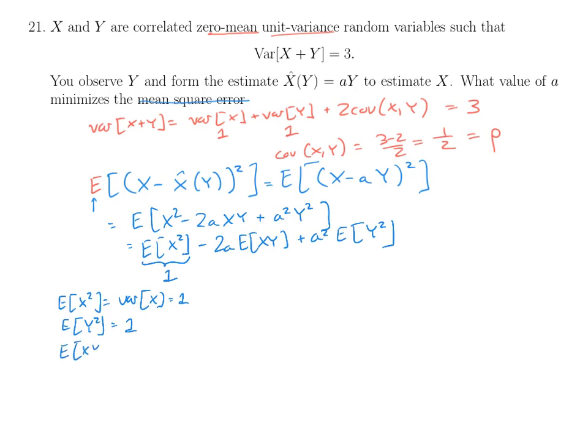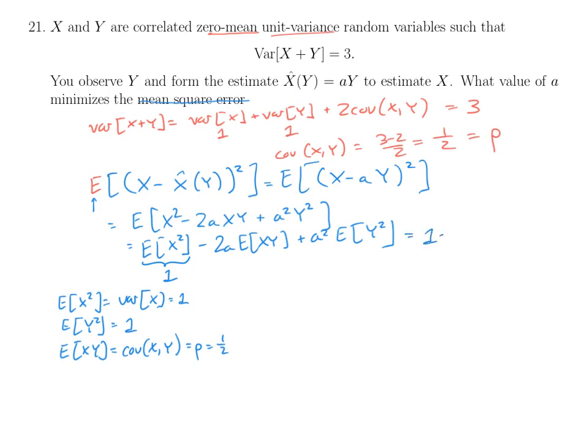And you have to know that E of xy is equal to the covariance of x and y, because mu x and mu y are both equal to 0. And you found that that's equal to rho, which happens to be a half, right?